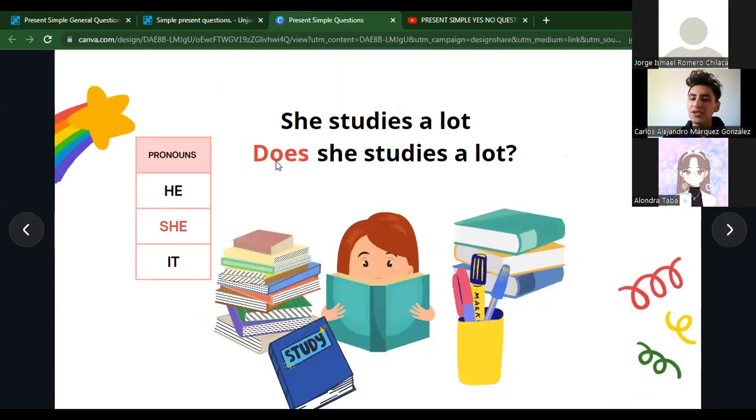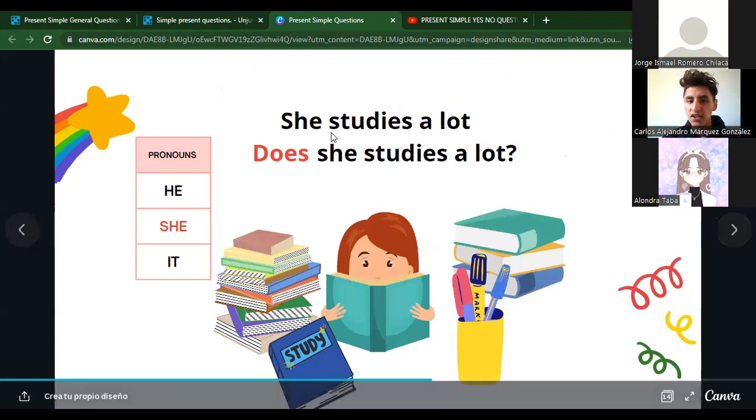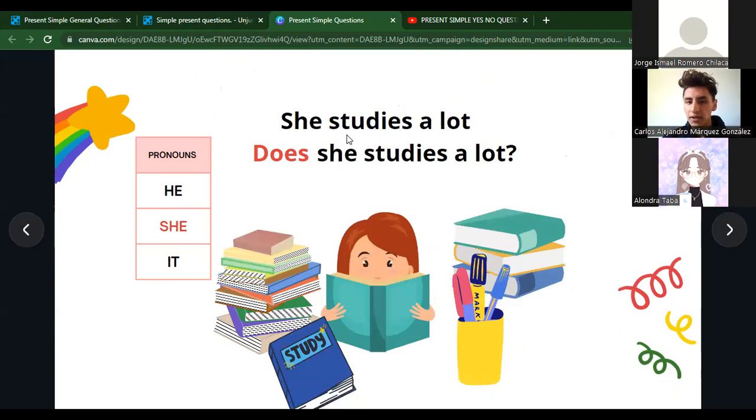Okay, we also use does for she, okay? The first one, remember that it's an affirmative sentence. She studies a lot, okay? Does she study a lot? It's a question. And we have a girl, and the girl has a bunch of books, okay?